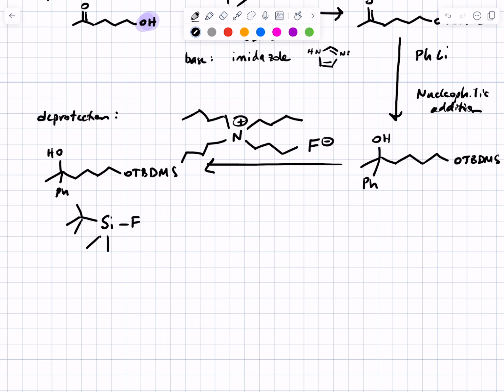It's called tetrabutyl ammonium, and the butyl groups make it soluble in organic solvent, and so the solubility of the positively charged ion helps the fluoride get into organic solvent, and forming the new silicon-fluoride bond releases the silyl ether. I'm sorry, in the deprotection reaction, this should be the alcohol, okay?